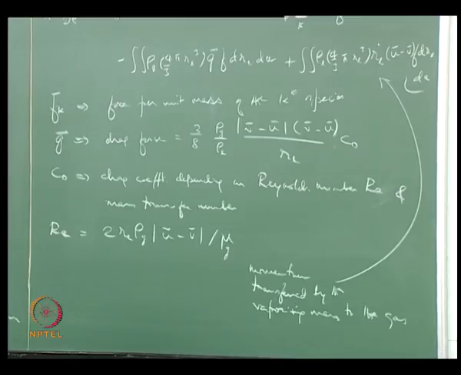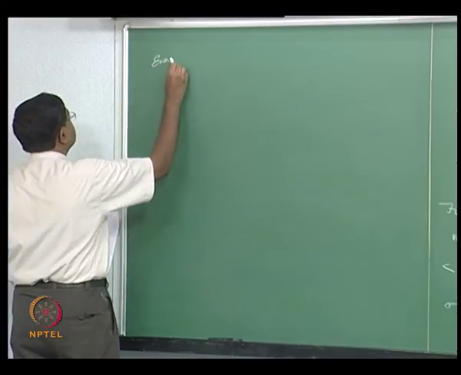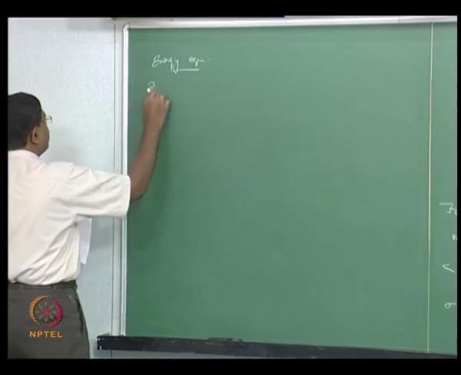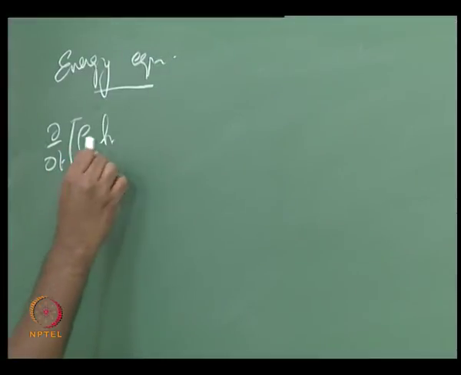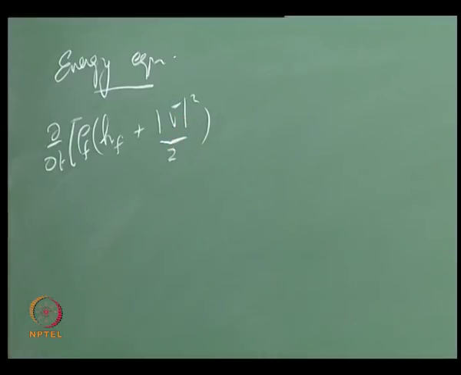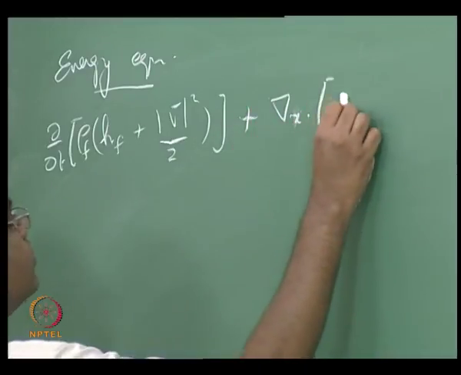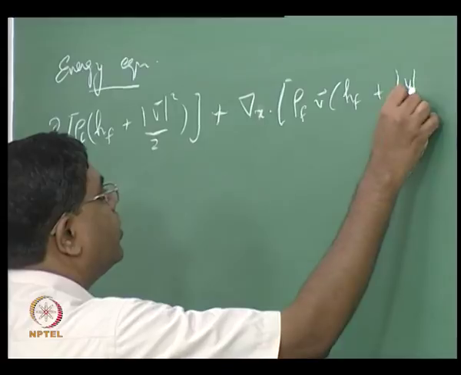Similarly, we could also write the energy equation. Partial derivative with respect to time of rho f times hf plus v squared by 2, plus divergence with respect to x of rho f v times hf plus v squared over 2.